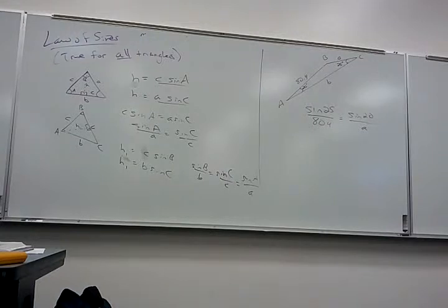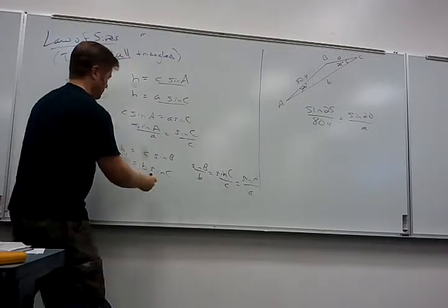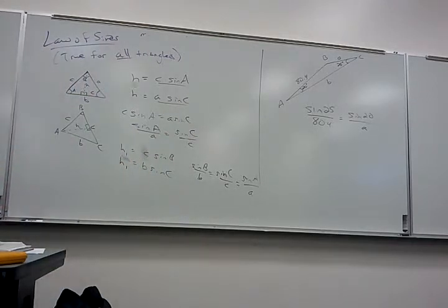I get B sine A equals A sine B, which is the same thing I had. Sine A over A equals sine B over B. And then I can do the same thing with these two and complete that line. So it's a whole other way to prove this.